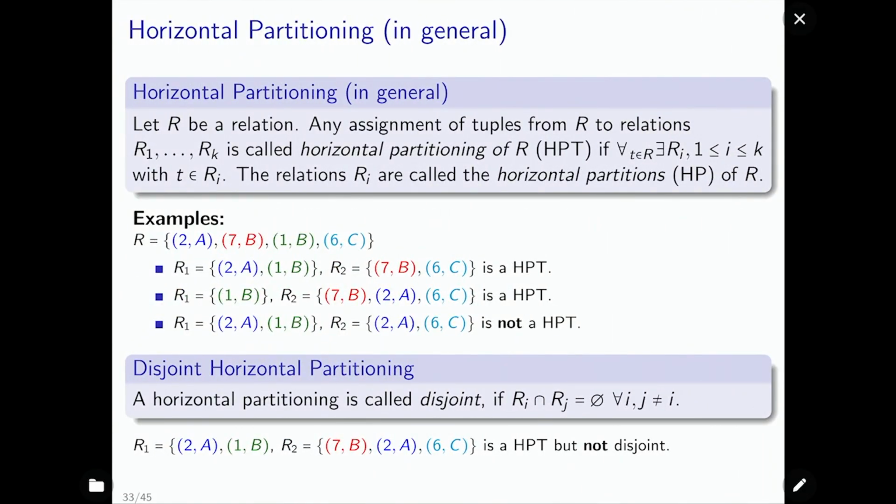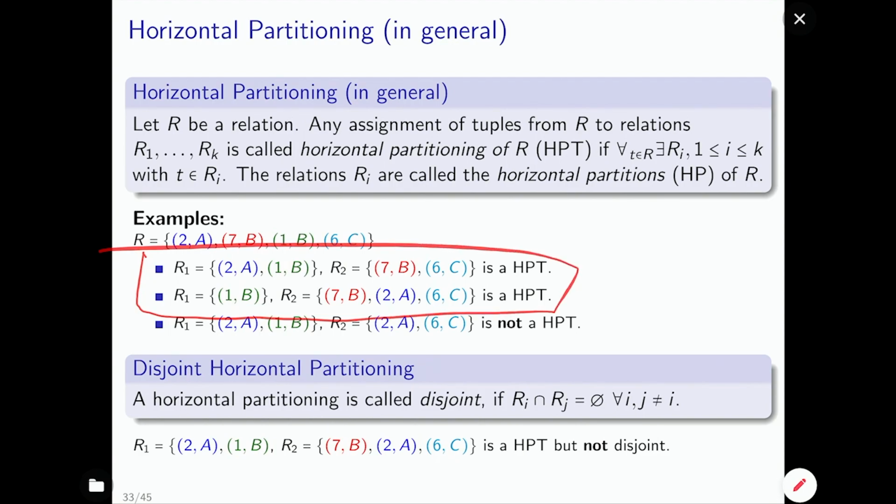Horizontally partitioning means that depending on a specific value, you split your data into subsets. So if you have a relation like this with 4 input tuples, if I decide to partition that into subsets, any of those 2 here is a horizontal partitioning.